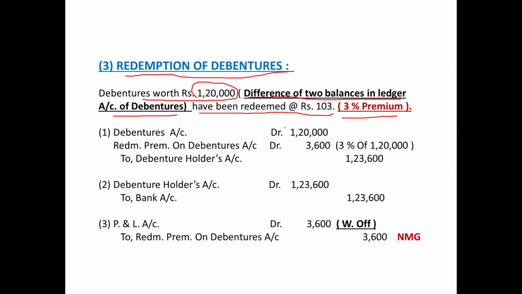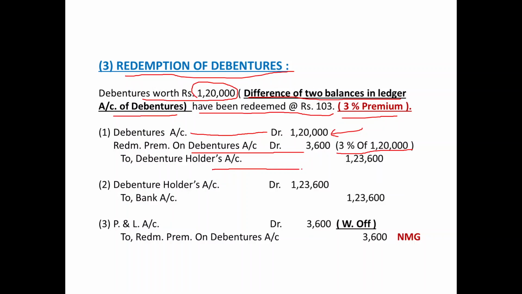Journal entries. Debentures account debited 1 lakh 20,000. Redemption premium on debentures account debited 3,600. How we got it? 3% of 1 lakh 20,000, the nominal amount of debenture that has been redeemed. 3% of 1 lakh 20,000, 3,600.